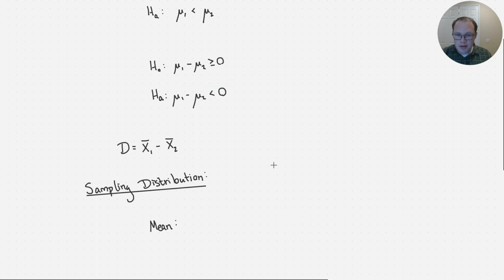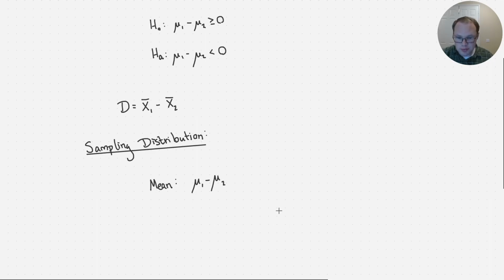That is going to be the mean of our sampling distribution. That's what we would expect most of the time if we take a sample from the first population, subtract the sample from the second population, and subtract their means. We would expect most of the time to get mu1 minus mu2, or to be close to that value. So that's the mean of the sampling distribution.